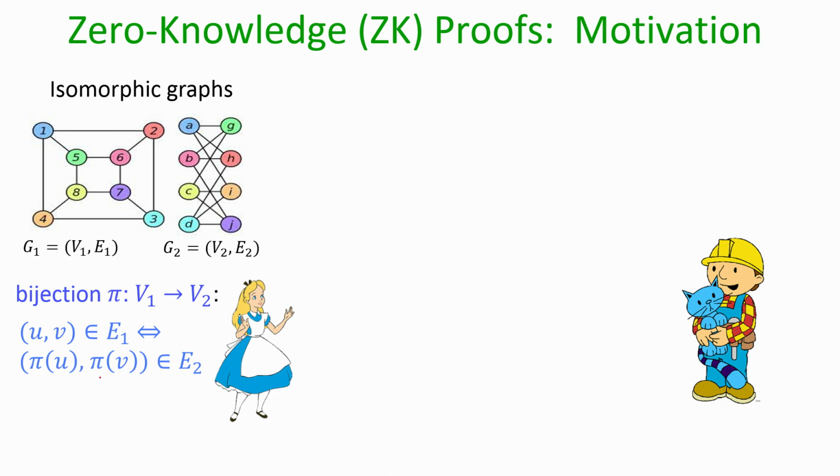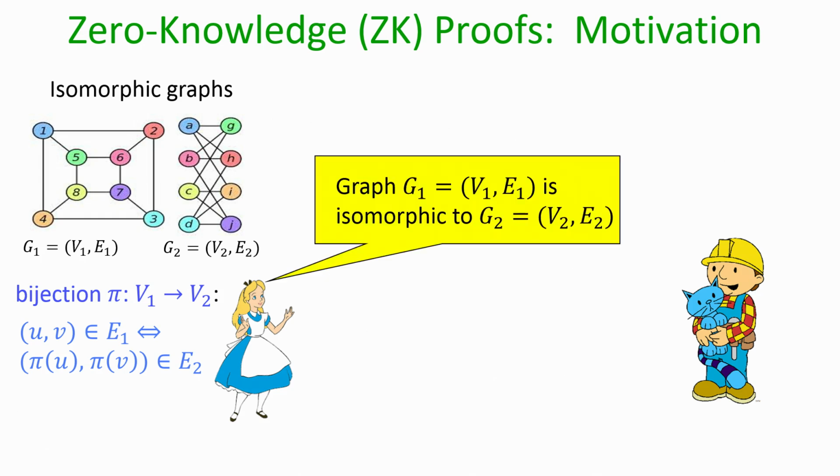And this is an if and only if statement. In the same way, if you have an edge between the mapped u vertex and the mapped v vertex in the second graph, then an edge exists between the u vertex and the v vertex in the first graph. So, in that sense these two graphs are isomorphic, even though pictorially they look different.